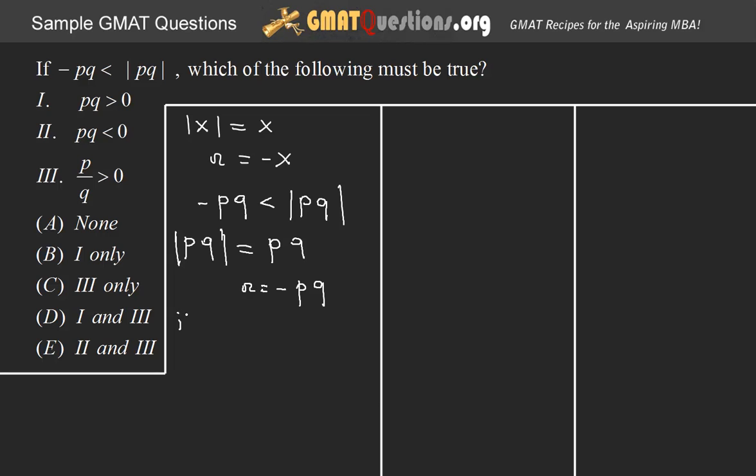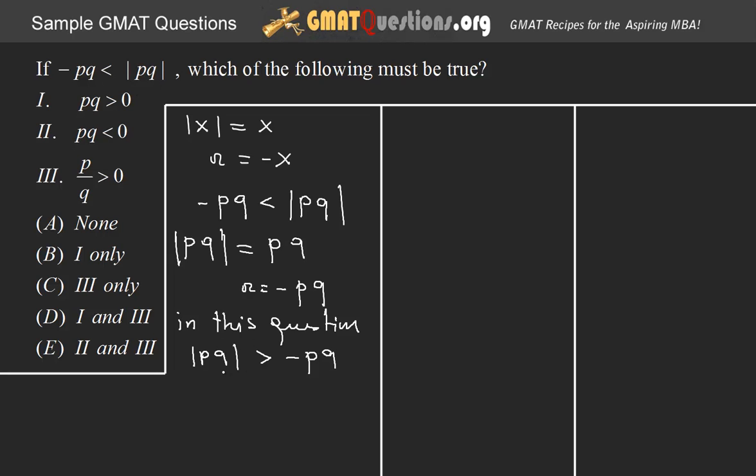In this question, the absolute value of PQ, I'm repeating what we're being told here, is greater than negative PQ. It's the same as saying negative PQ is less than the absolute value of PQ.